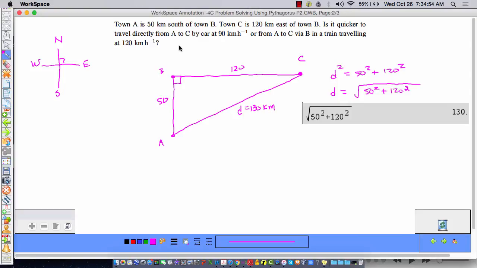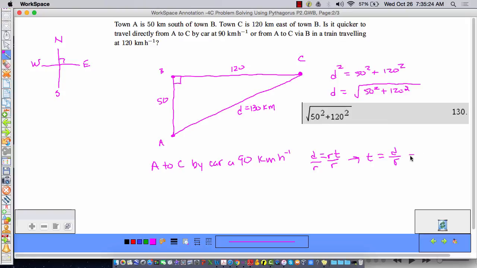So let's go back. From A to C by car at 90 kilometers per hour. Well, distance equals rate times time. I need to know how long it is, so if I divide by R, time equals distance over rate.